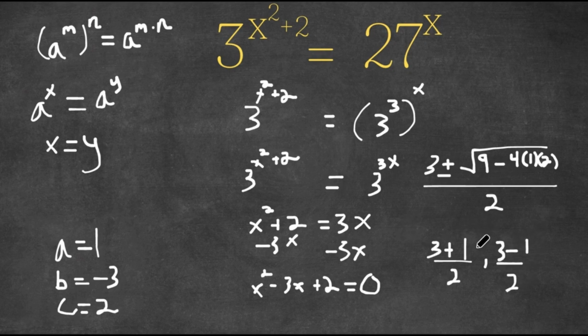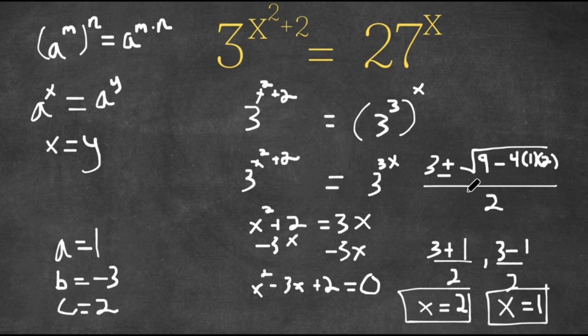Well, 3 plus 1 is 4, and 4 divided by 2 is 2, so x equals 2 is one solution. And 3 minus 1 is 2, 2 divided by 2 is 1, so x equals 1 is another solution. So these two are our solutions to this equation.